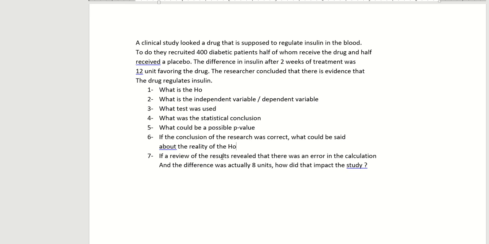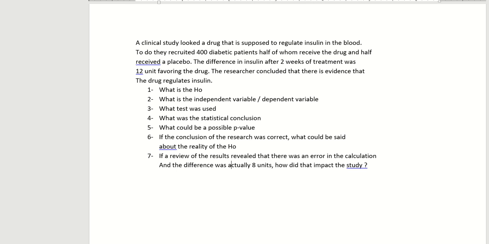If a reviewer of the results revealed that there was an error in the calculation and the difference was actually 8 units, how did that impact the study? This is perfect, because we had a difference of 12 units, and now it turns out that the difference is actually 8 units. Where do we fit these 8 units or 12 units?